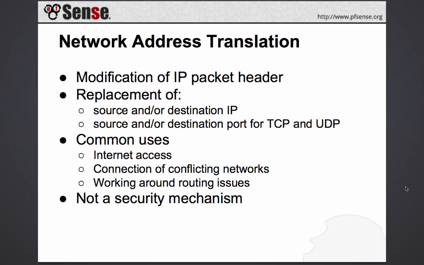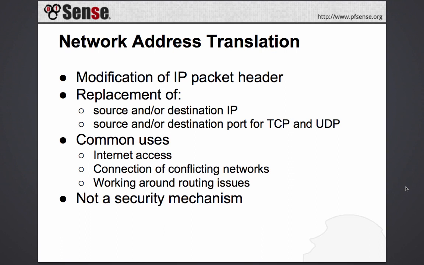So network address translation is the modification of an IP packet header. Replacement of source and/or destination IP, or source and/or destination port for TCP or UDP. Internet access is the most common usage, but it can also be used for a variety of other things like connecting conflicting networks together, working around routing issues, and other things along those lines that we'll go over and show examples of.